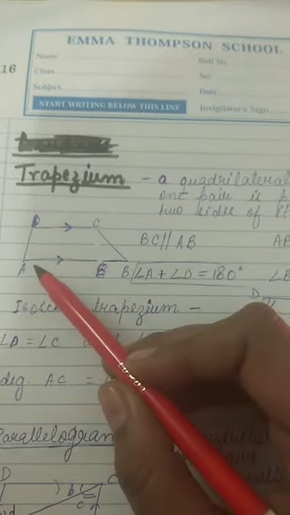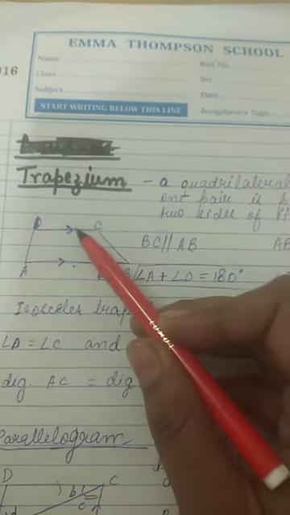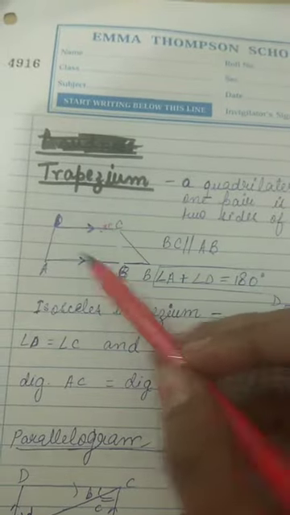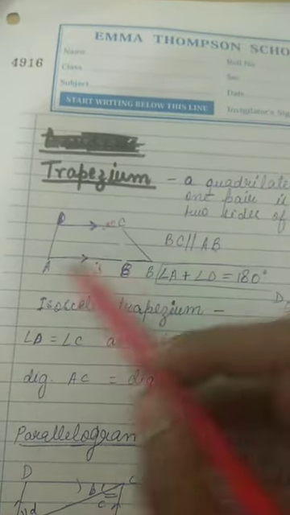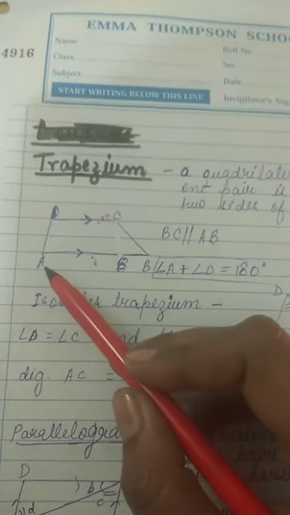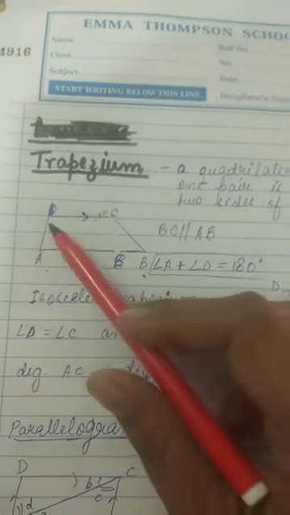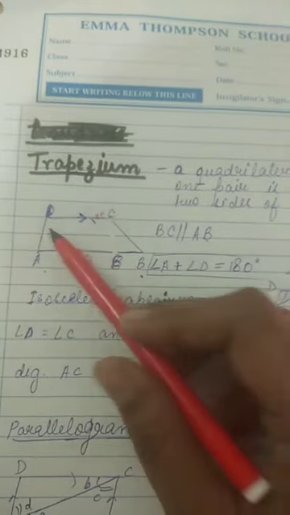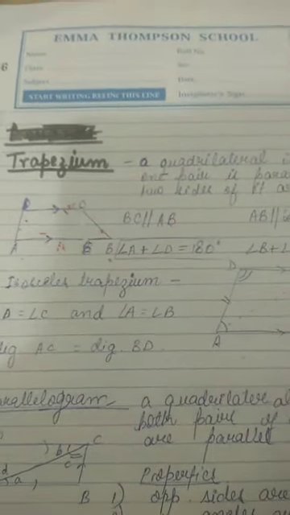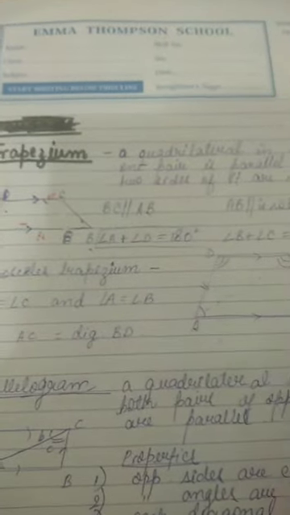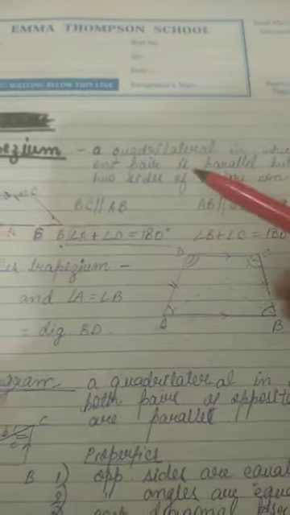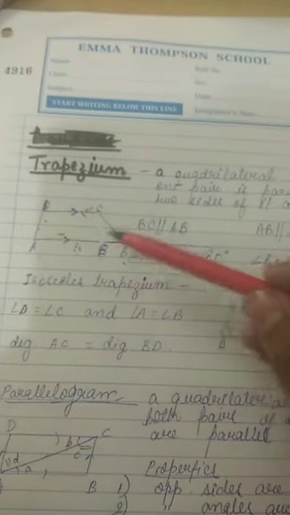Now you can see the figure of a trapezium. In this figure, these two sides are parallel, one pair is parallel, and the other pair is non-parallel. We have named this in cyclic order: A, B, C, and D. Now we conclude some properties by looking at the figure.